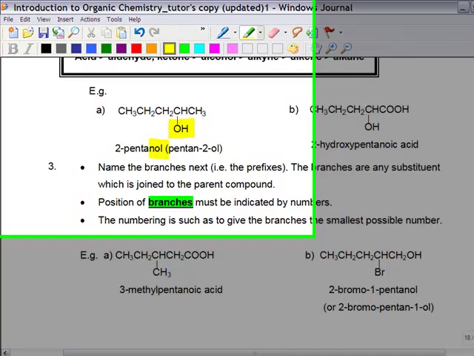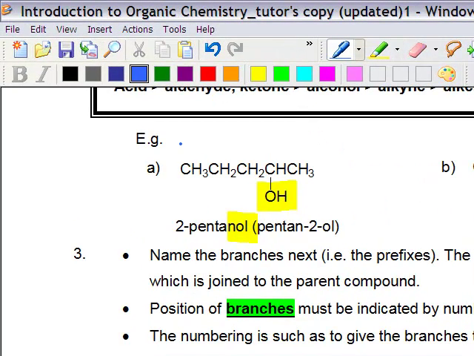How many carbons are there in this alcohol? 1, 2, 3, 4, 5. There are 5 carbons in this alcohol, so it is a pentanol. Where is the position of the alcohol? It is at the 4th carbon.